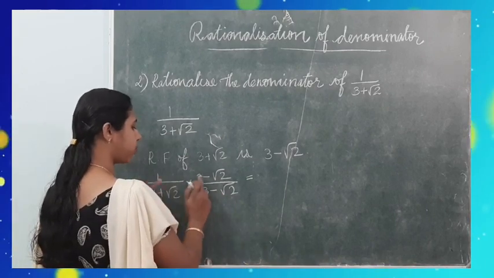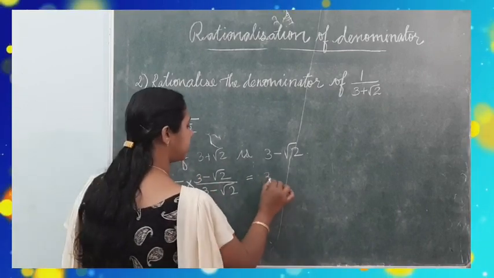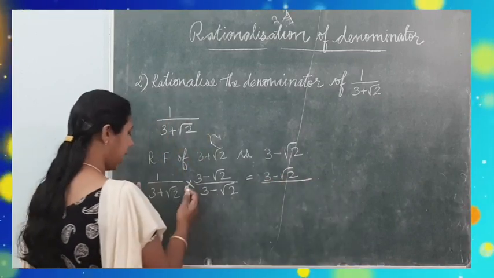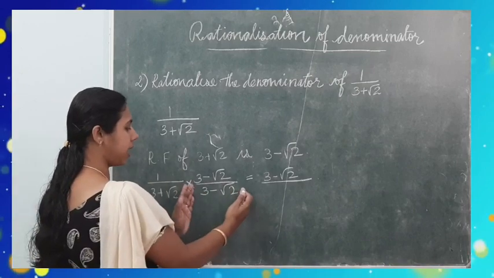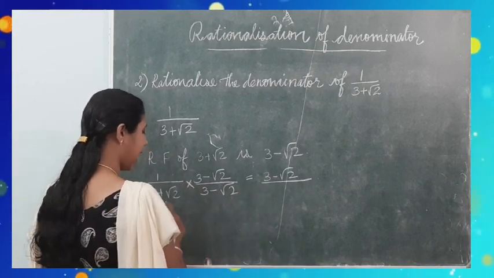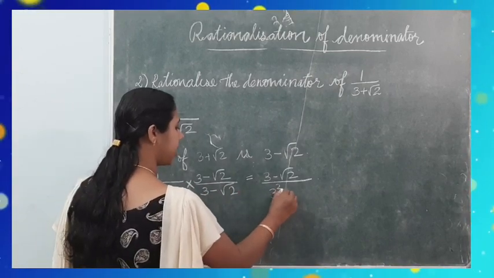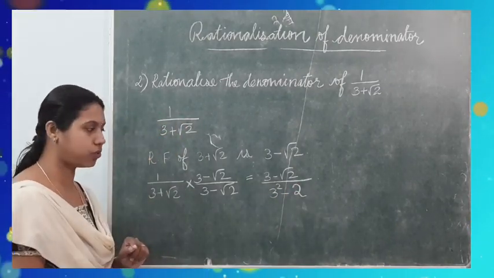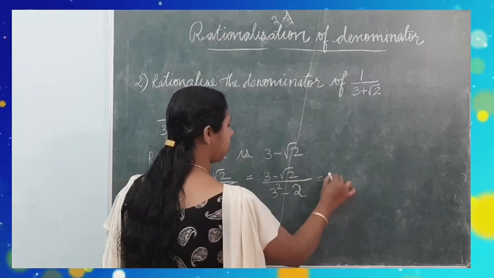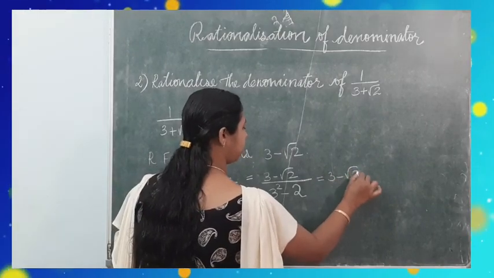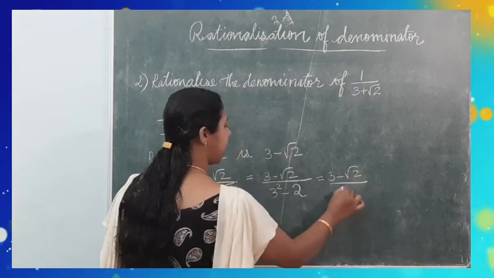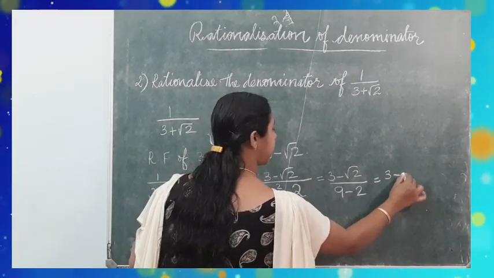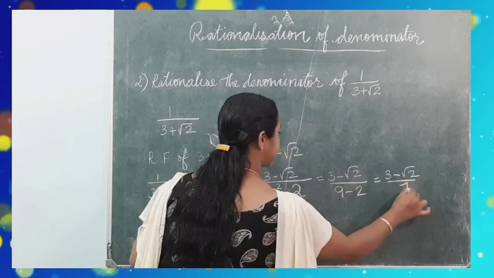So the numerator is 1 into 3 minus root 2, that is 3 minus root 2, divided by a plus root b into a minus root b, which is equal to a square minus b. So 3 square minus 2, which is equal to 3 minus root 2 divided by 9 minus 2, which is equal to 3 minus root 2 by 7.